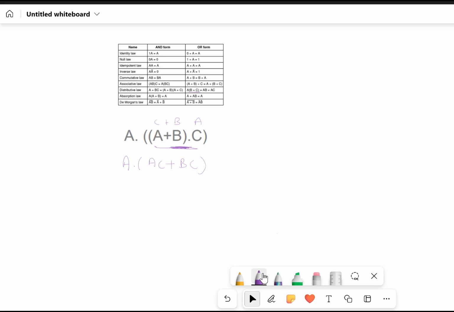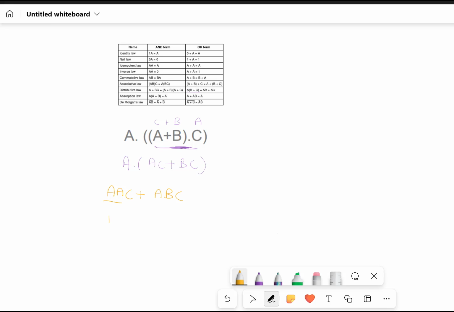So if we have a look at this again, we've got A, we've got B, and we've got C. Oh look, distributive law, again we can use. So we're going to have AC or BC.